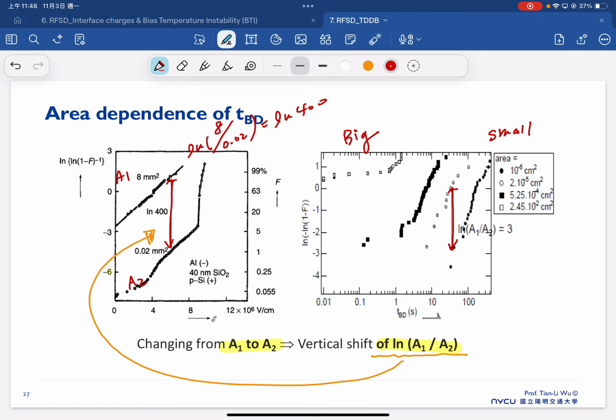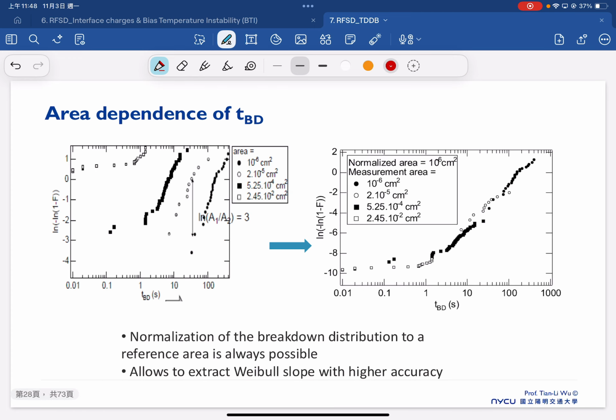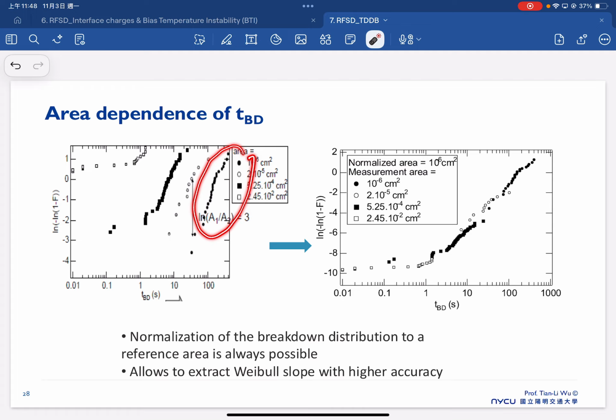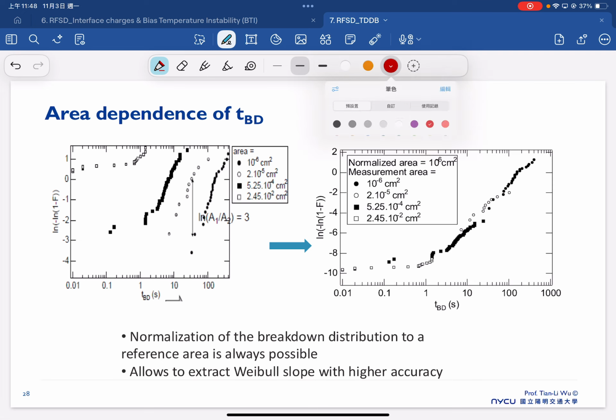But why do we have to do so? You might be wondering why we have to make ourselves so complicated. Because in the end, we want to build up the complete Weibull plot from the small time domain to the larger time domain, which is this one. If we have this data, this is a big area, and now we try to do the area scaling.